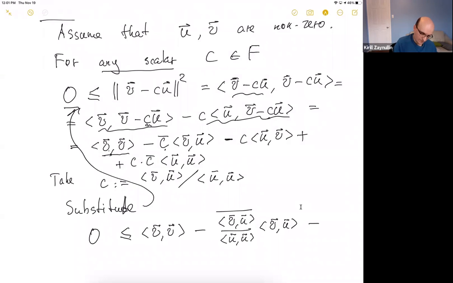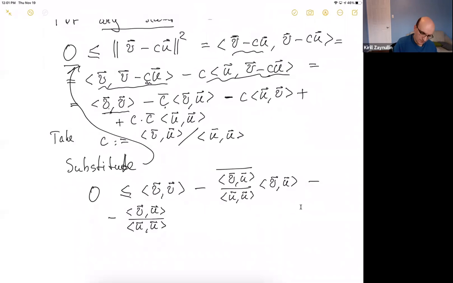Now minus, the same thing: v comma u over u comma u without the bar, times the same number, u comma v.